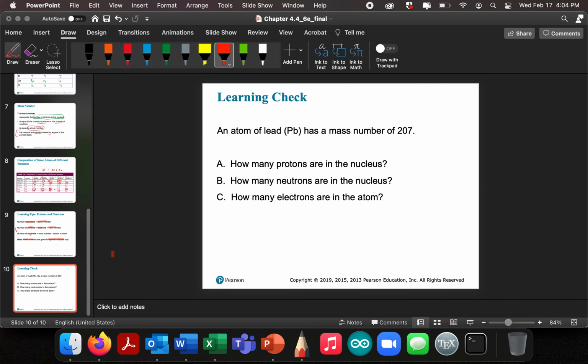So let's do this learning check. An atom of lead has a mass number of 207. Pause the video and then come back and check your answers against mine. All right, suppose you paused it.